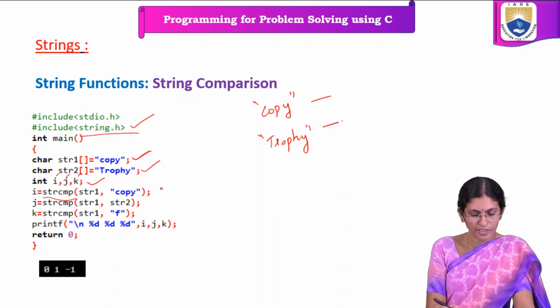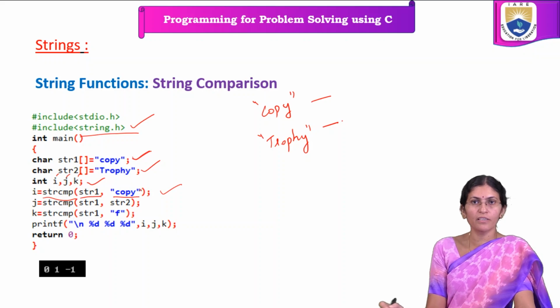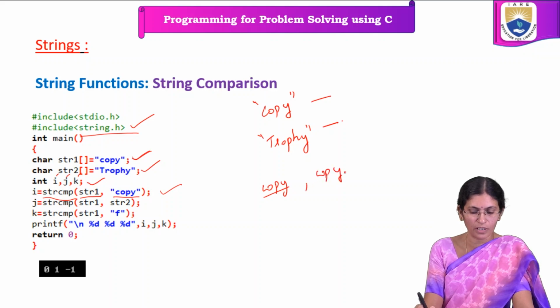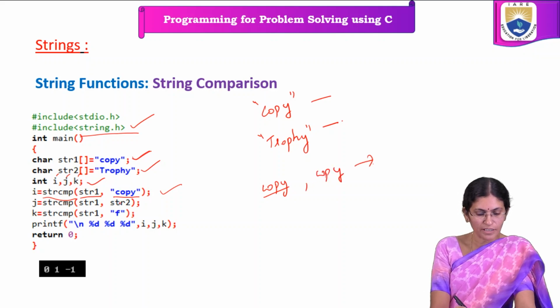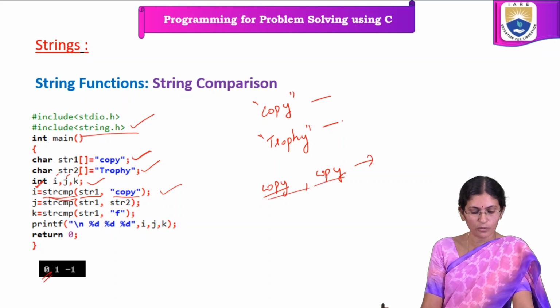So i is equal to strcmp(str1, copy). This statement will compare string str1 and copy. Both are equal, so if you print the value of i, the return value of this string comparison function is stored in i, and that is equal to 0. Why? Because both the strings are equal.